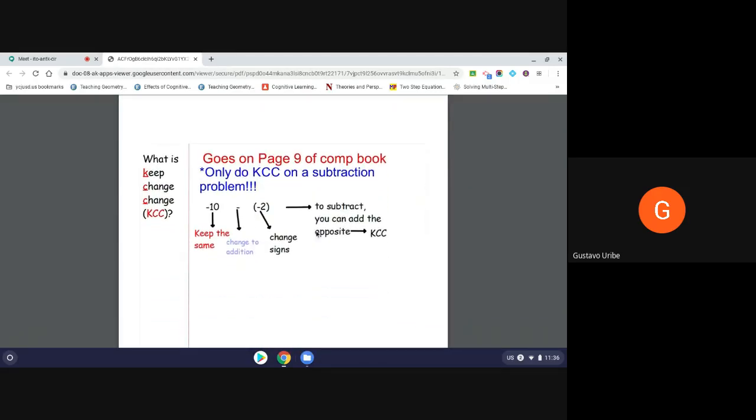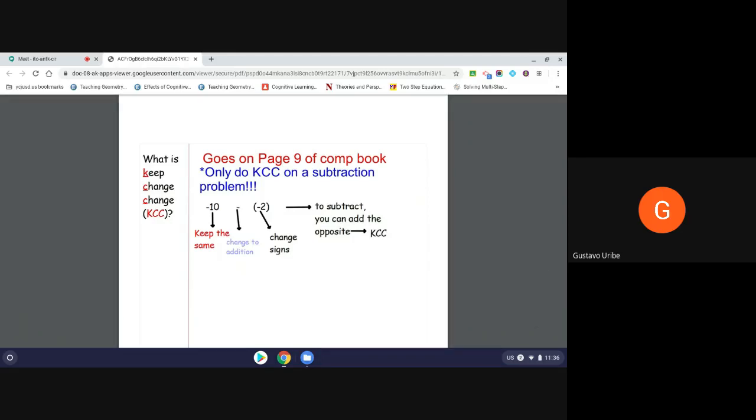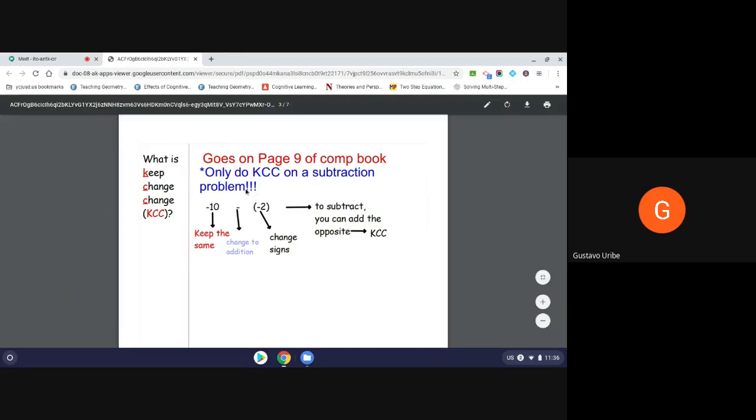Now, what is keep, change, change, or what we call KCC? Okay, so this is going to be a little bit tricky, but I know that we can get it. You're only going to do keep, change, change on a subtraction problem. This is very important. We cannot be switching the sign if it is a plus.